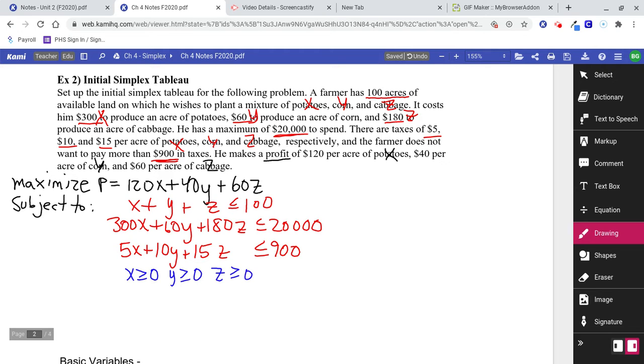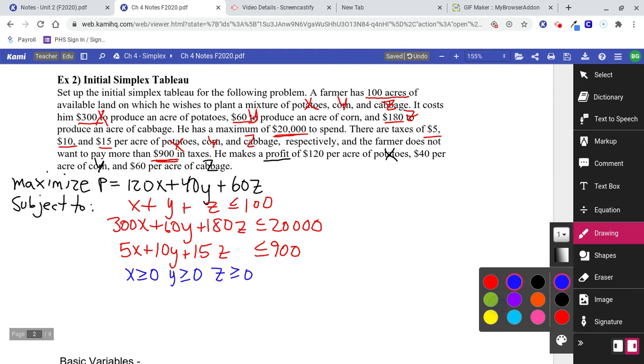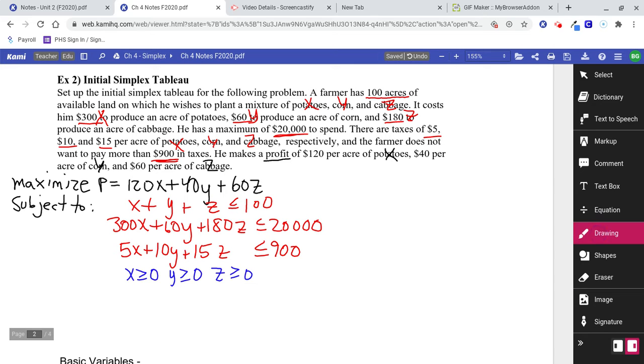For Simplex to work, we're going to set up the initial Simplex Tableau. That means I need slack variables. For each of these inequalities, I'm going to install a slack variable, S1, S2, S3, and those would have to be non-negative.